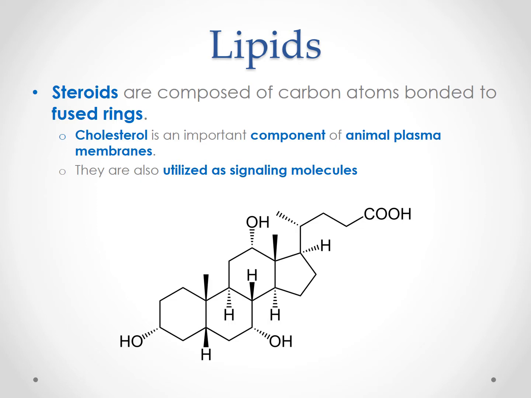The next lipids are steroids, and I don't want you to think about a bodybuilder with steroids. Steroids are actually very important to the function of your body. So one really important steroid is cholesterol, and this is a major component of the animal plasma membrane. We're going to talk about how important cholesterol is in maintaining fluidity in the cell membrane. And they're also utilized as signaling molecules.